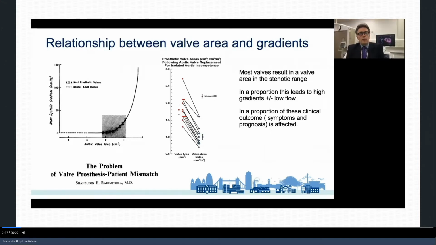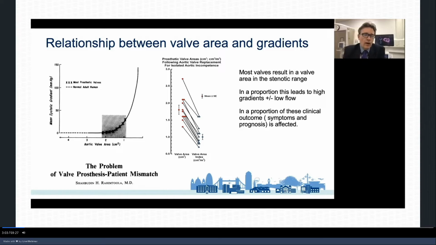Now, the relationship between valve area and valve gradients is complex, but it has been noted for many decades that the valve area achieved during aortic valve replacement does potentially push a patient into an area which would represent to some extent clinical aortic stenosis. This was first noticed by Rahimtoola many years ago.